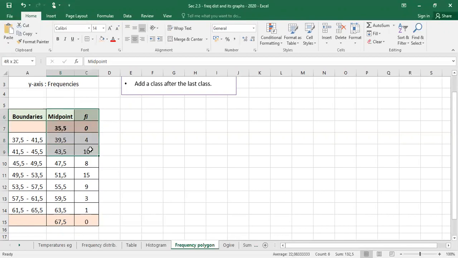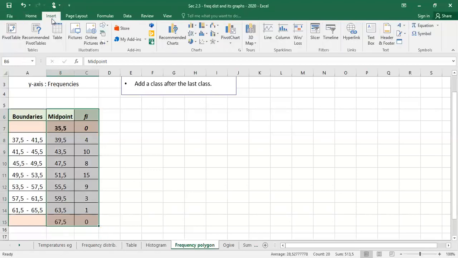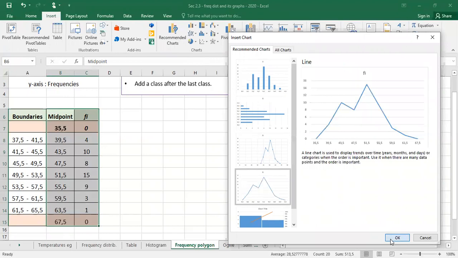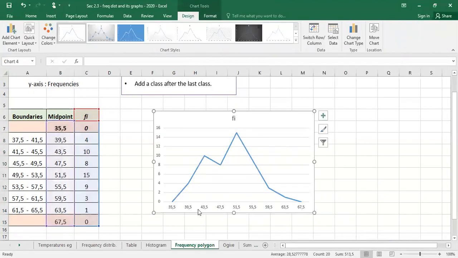Now, with those two extras, let's select everything and insert a recommended chart. Let's go to that one there. Notice it's now going down and touching. Let me make this a bit bigger so it's clearer.